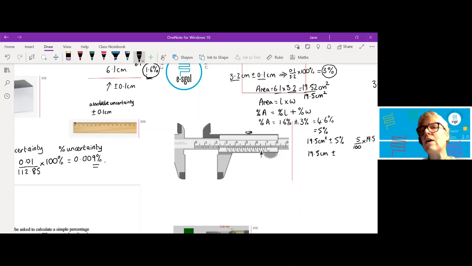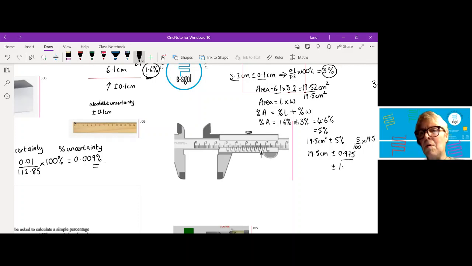You sort of got to undo your area to get out what the 5% is. And that comes out as plus or minus 0.975. A little bit tricky. Now, no way do you quote uncertainties to 3 significant figures. It's meant to be to one significant figure. So here I'm going to have to round this to plus or minus 1.